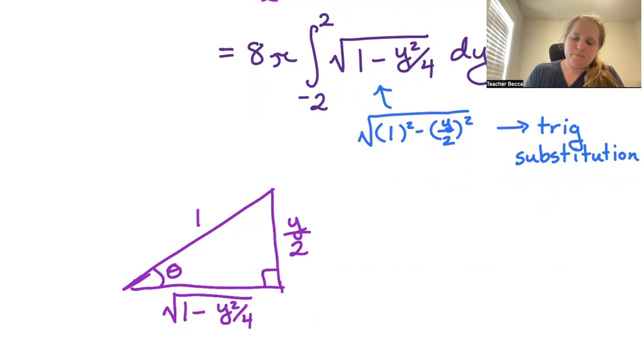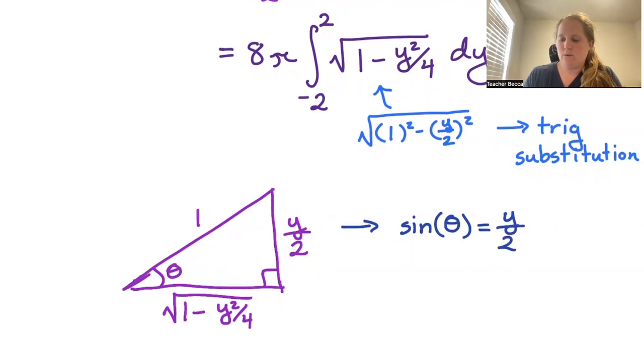These give us the cosine of theta. Sorry, let's do sine of theta first. Sine of theta is equal to y over 2, or y is equal to 2 sine of theta.